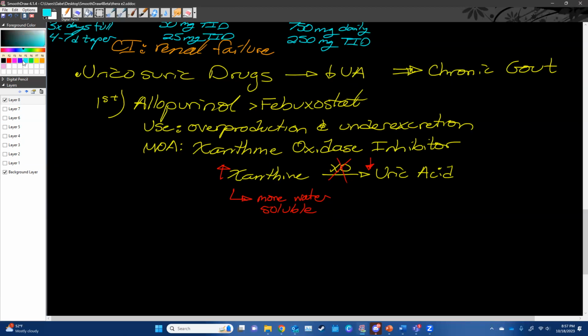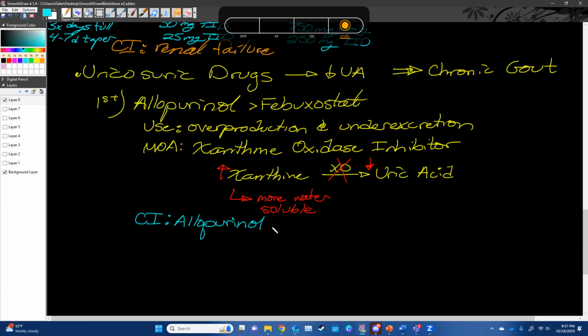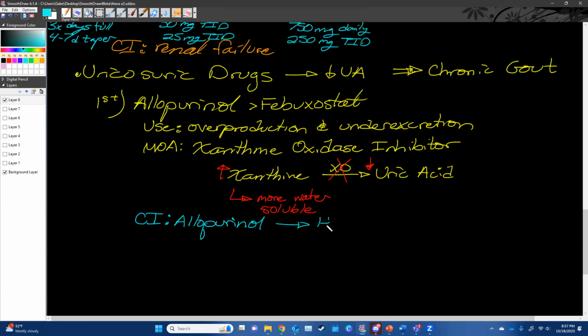One of the big issues for allopurinol specifically is a hypersensitivity reaction. So a big contraindication for allopurinol, and over the next 2 years, you guys are going to be quizzed on this all the time, is having the HLA-B*5801 allele.